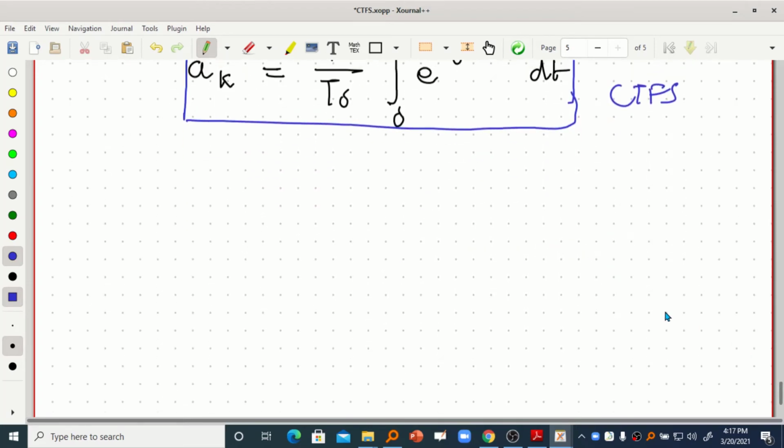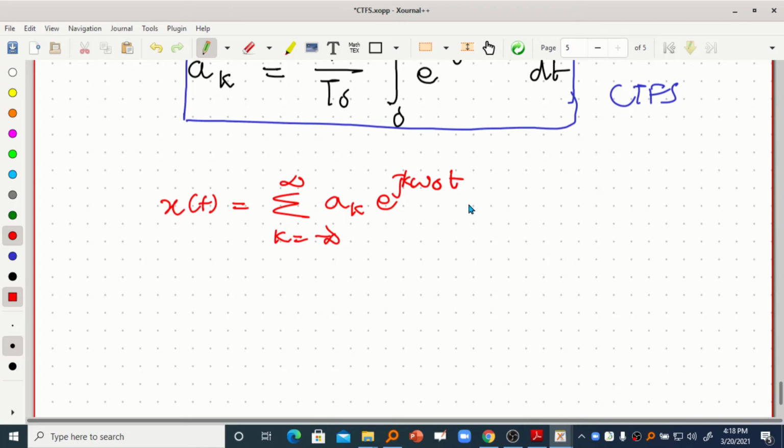Now we have two equations. What are the equations? We have the first equation, x of t. Any signal x of t can be expressed as a linear combination of harmonically related complex exponentials, harmonically related k omega 0 t.